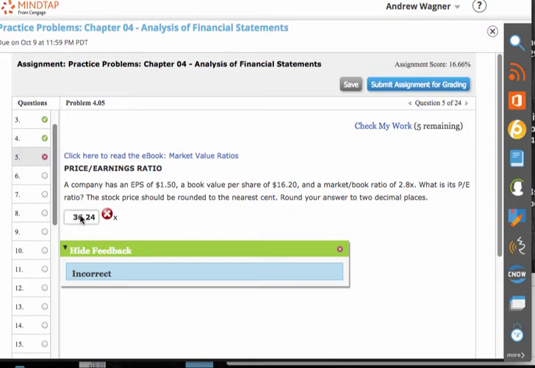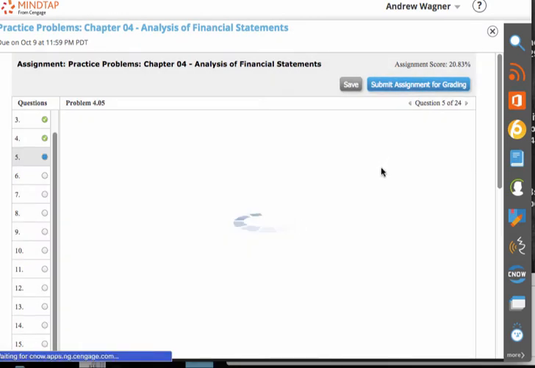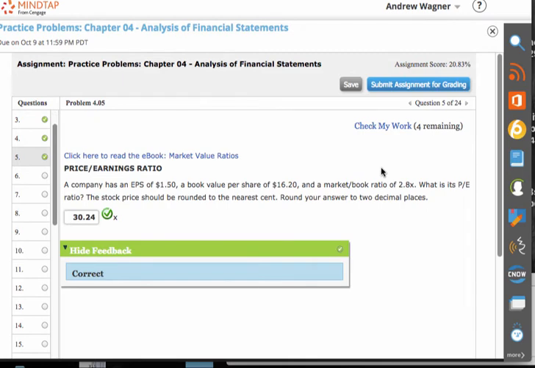So I've already wasted one of my attempts, so now I've got to try. I think that's 30. It's my eyes. I hope 30.24. Let's try it, because that's the right calculation. Okay. I've got 4 more remaining after this if I get it wrong again. So let's try 30 instead of 36. And yes, that is correct. Good.